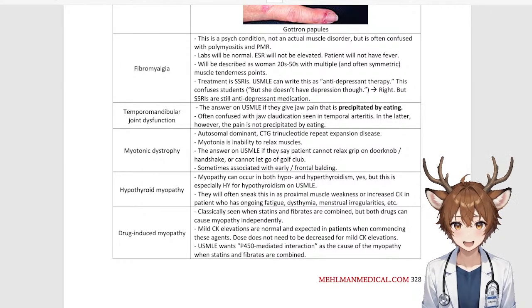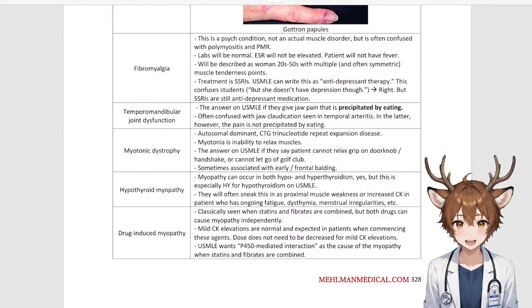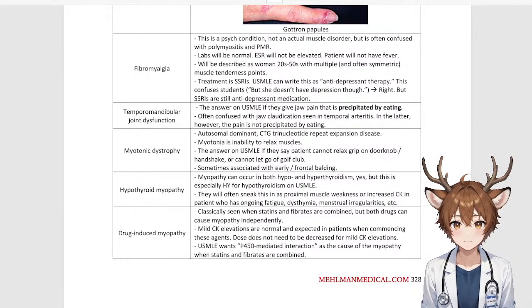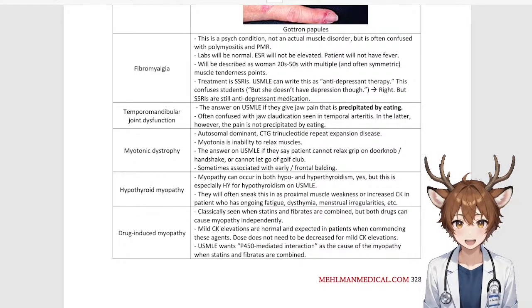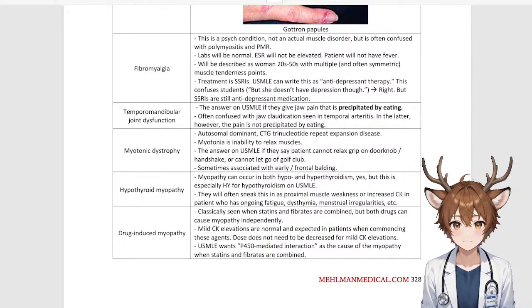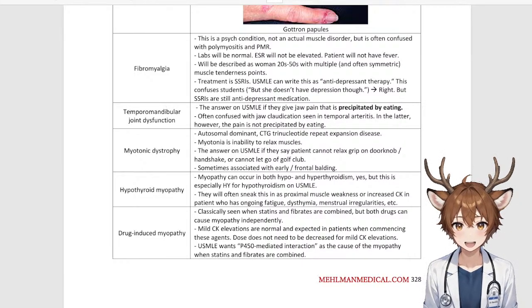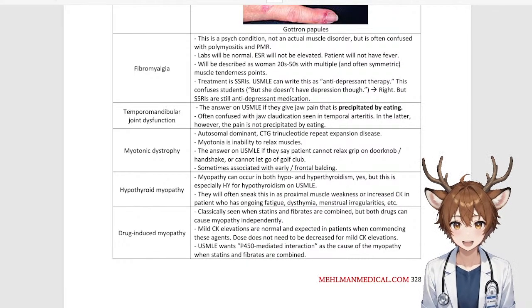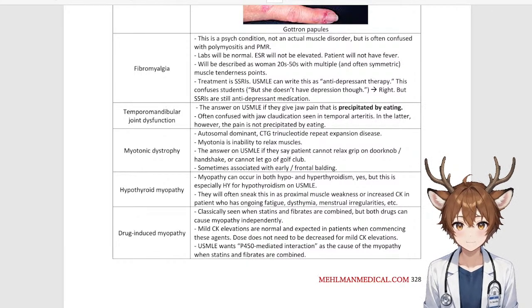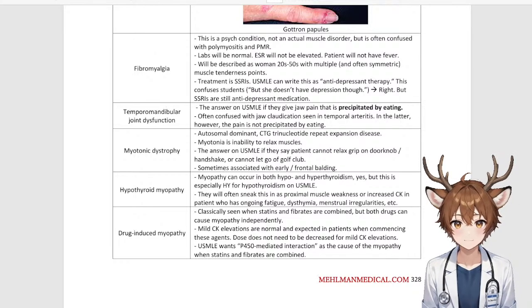USMLE can write this as antidepressant therapy, which confuses students, because she doesn't have depression. But SSRIs are still an antidepressant medication. It's just that it can be used for fibromyalgia. Remember, fibromyalgia is a psych condition, not an actual muscle disorder. It's different from, but is confused with polymyositis and PMR.